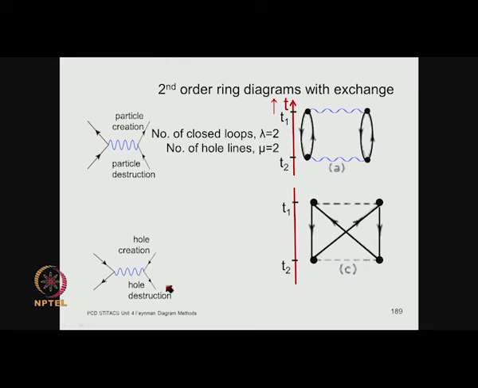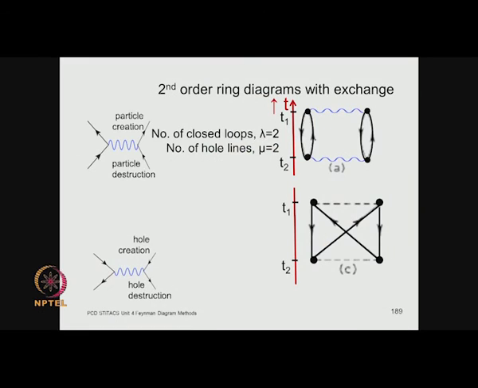There are 2 arrows pointing downward, and there are 2 closed loops. It is important for the analysis of higher order terms. It becomes very useful to keep track of how many loops you have and how many hole lines you have.